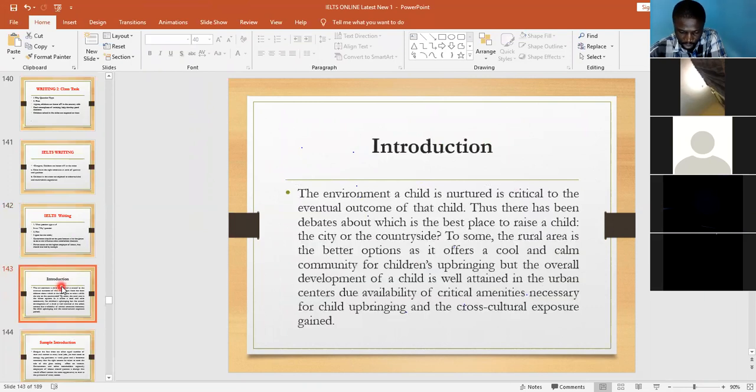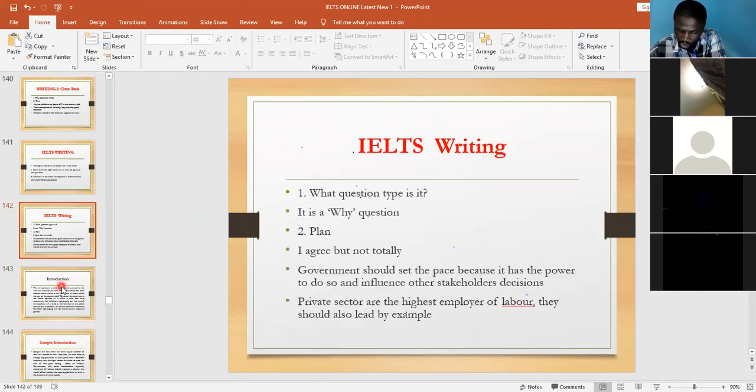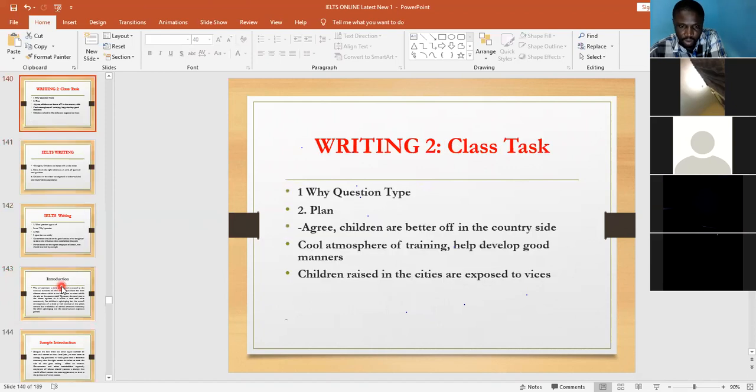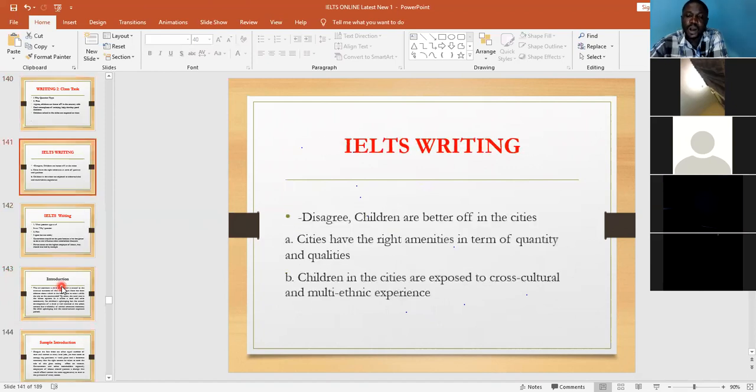Yes, this was my own point, and this was the point I wrote an introduction for. If we have the time, I will write an introduction for the disagree people. But first, let me see your introduction. 5 minutes, please.